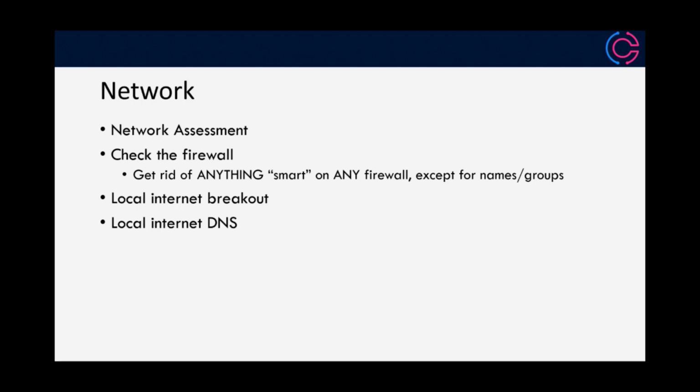Speaking of firewalls, you'll need to check your firewall regardless of the brand that it is. Get rid of anything smart on any firewall. The exception to that is names and groups. Firewalls now will allow you, when you're building out your rules, to pick Microsoft 365 Teams Voice, for example, as a destination, and they update that in the background as a process with Microsoft, so that you don't have to worry about all the FQDNs and IP addresses.